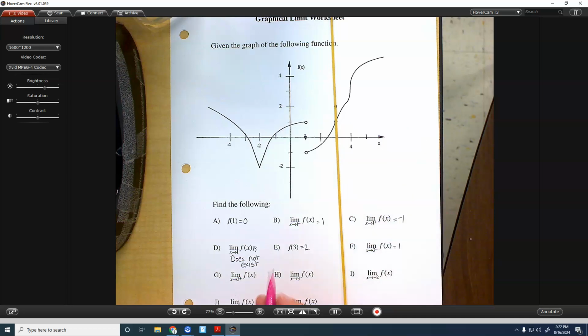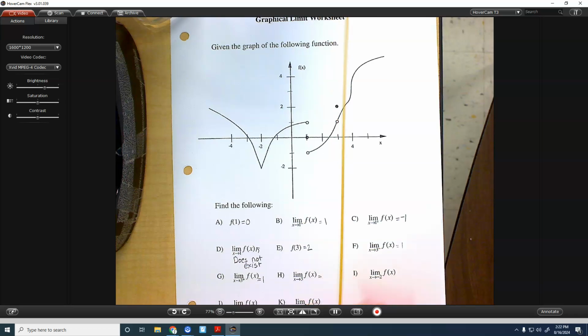Also 1. Okay. What about the limit from both sides? That is going to be 1. So if your limit from the left and your limit from the right meet up, if they go to the same spot, then that limit exists, even if you have a hole in the graph right there, right?